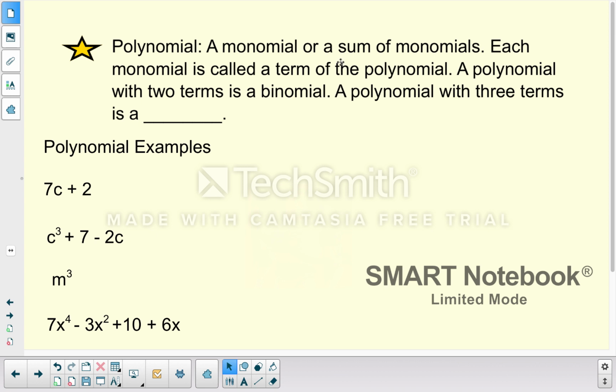All right, a polynomial. This is a monomial or a sum of monomials. Each monomial is called a term of the polynomial. A polynomial with two terms is a binomial. So let's slow down here because there's a lot of words and jargon. I don't know if you ever knew this, but triangles, let's say that this was an equilateral triangle, right?